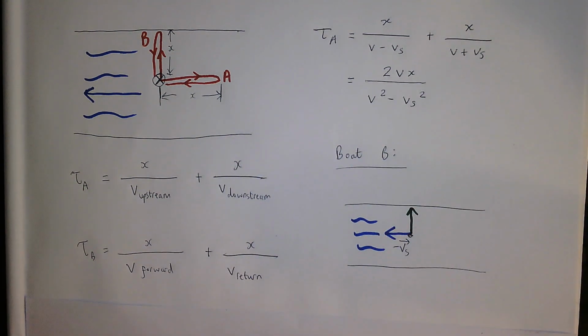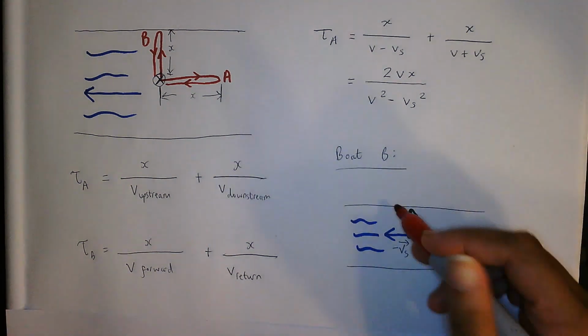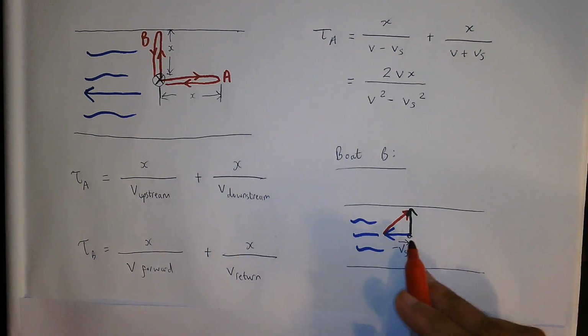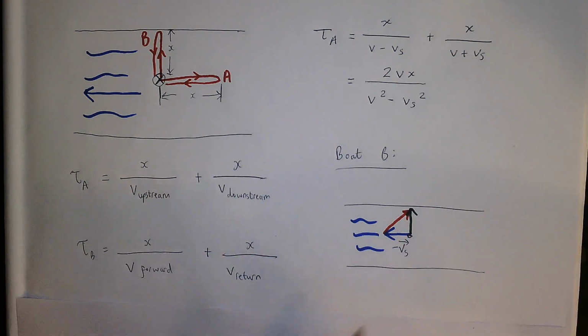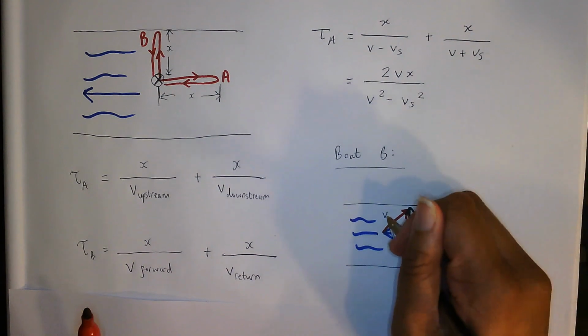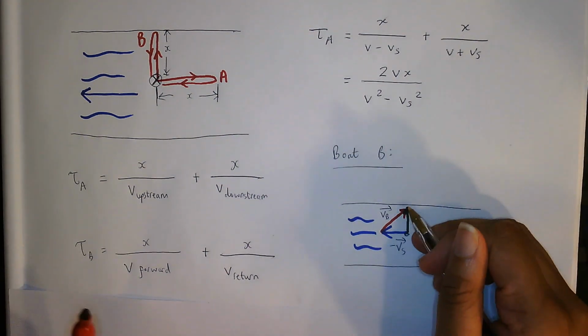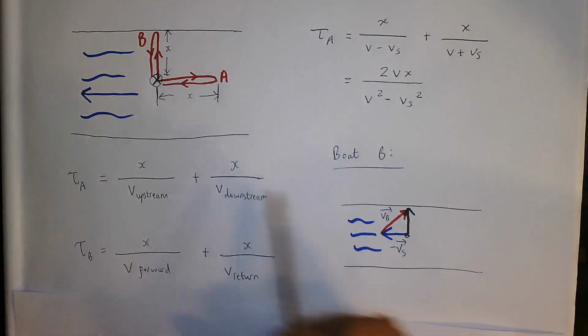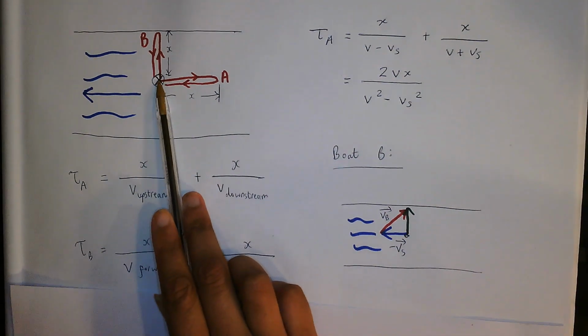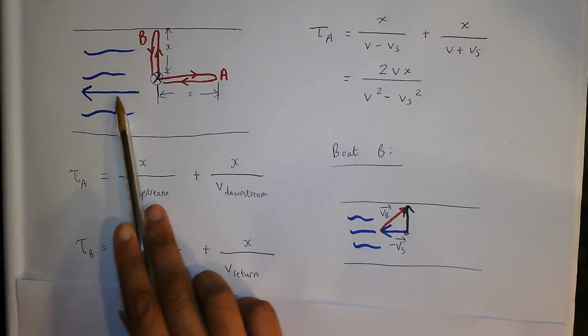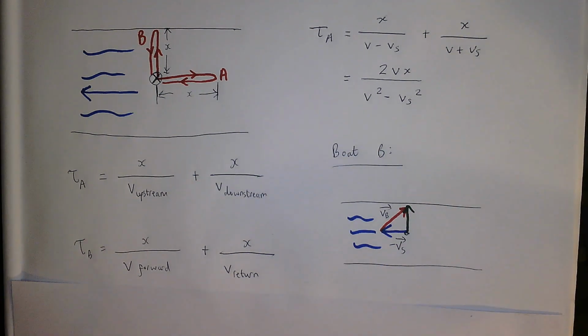So we can see from our vector diagram that boat B's velocity vector would have to be this vector here. And we can see that minus vs plus this vector, which is going to be vb, gives this resultant vector, which is what we want because our stationary external observer sees that boat B is travelling perpendicular to the stream velocity, like that.